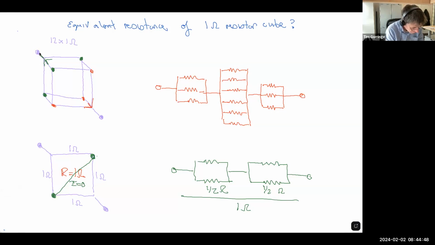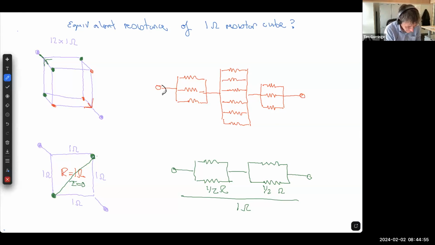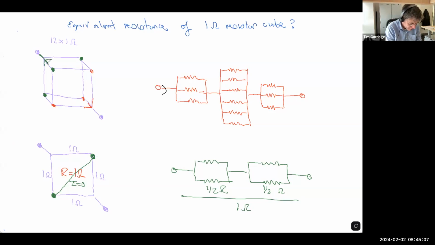Coming in on the top back left, so coming in here, my current is split into 3 and passes through 3 resistors. And we agreed that that was the situation here. Our current, as we come in, goes down at the back, goes right at the back, and comes out of the screen here.